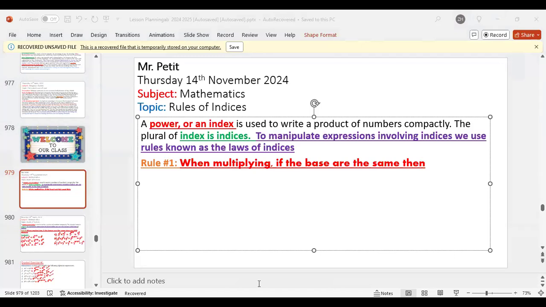Add them. Then we add the powers. So when multiplying, if the bases are the same, then we add the powers.